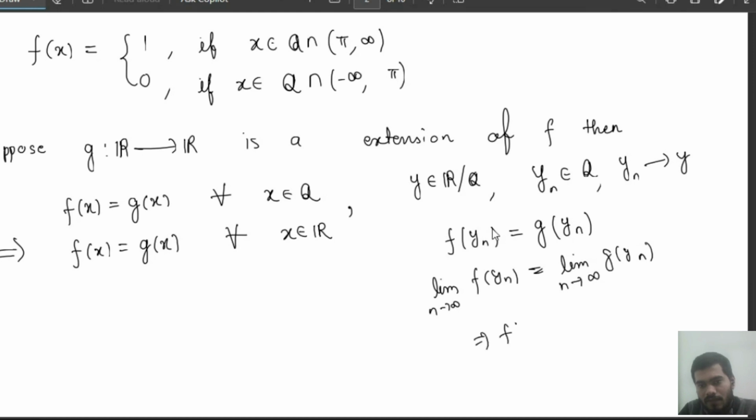This will imply f(b) equals g(b). And since b was an arbitrarily chosen irrational number, f(x) equals g(x).